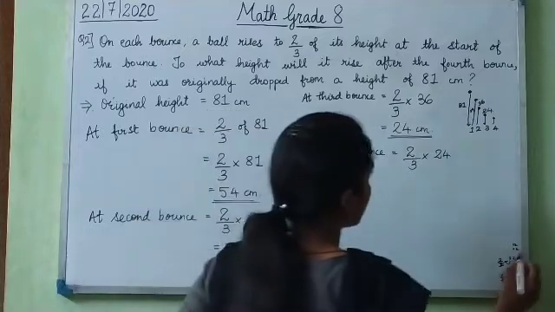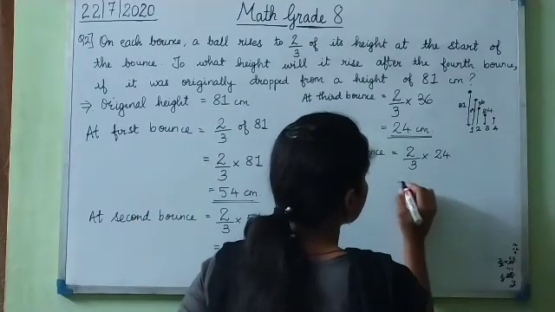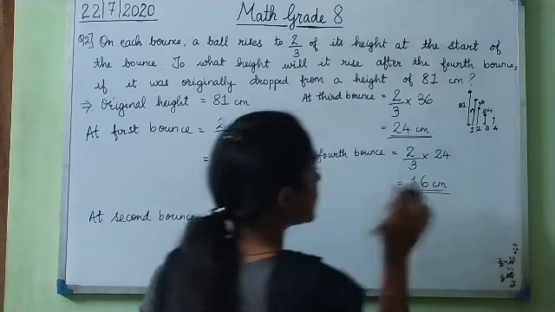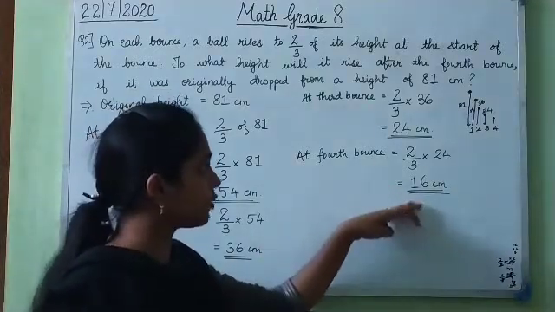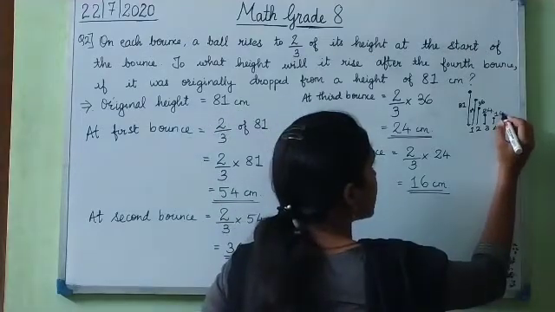How much is 2/3 of 24? 16, so this is 16 centimeters. This is the height after bouncing for the fourth time. So the last height is 16.